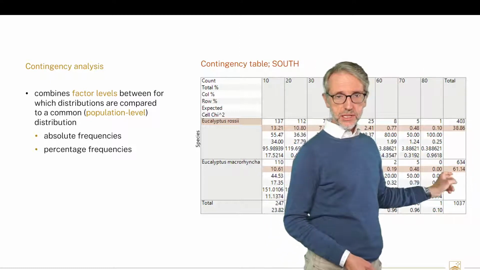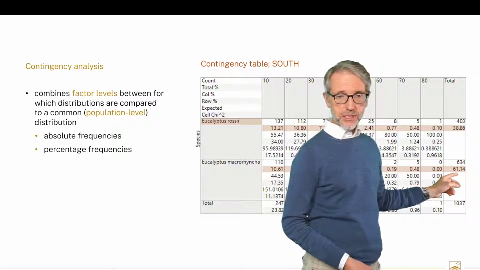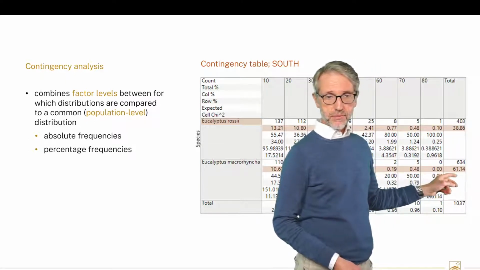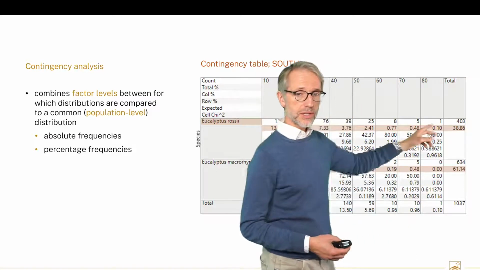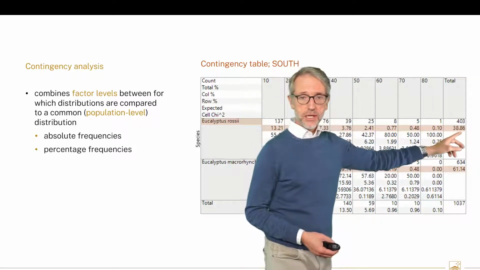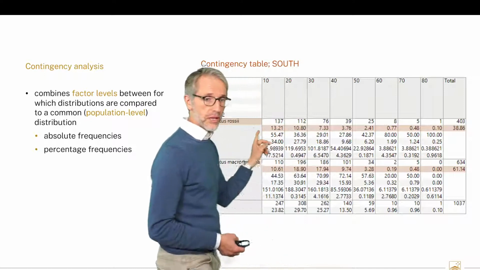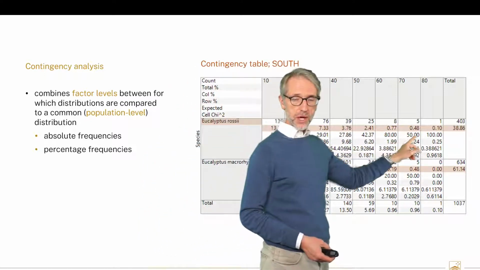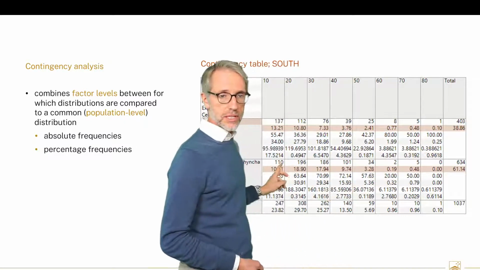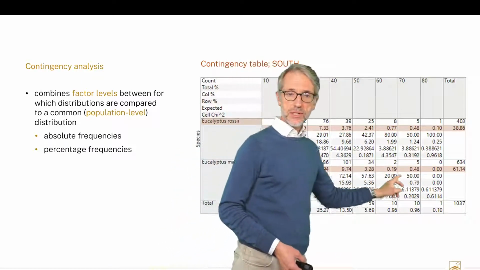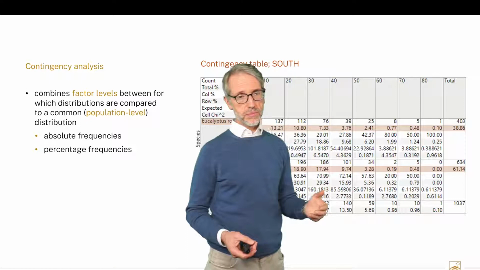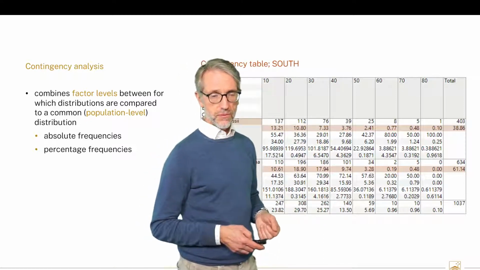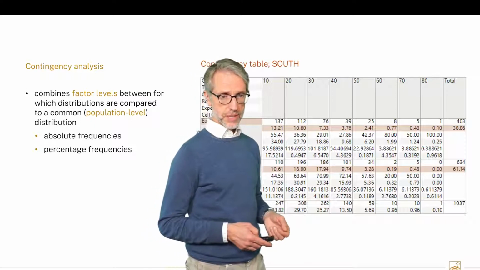The remaining 61% on a south aspect are in Eucalyptus macrorhyncha. And then within this 38.8%, you can see where the individual percentages fall across the different diameter classes. So the percentage frequencies here are expressed in terms of the total data set, where the frequencies lie within the total data set.